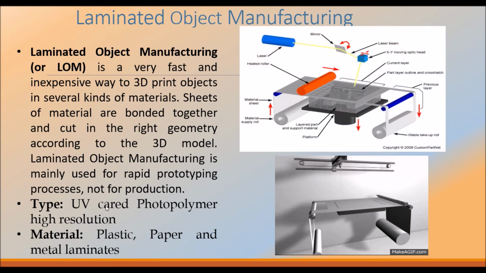Okay, so this is the layered part and a support material. This is the platform where you are going to get the object. So this is the metal sheet and the material supply roll, and this is the heated roller, and from here you are going to get the UV photopolymer laser. So in this GIF you are going to see that.